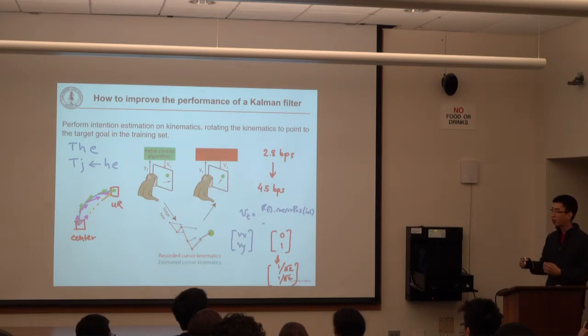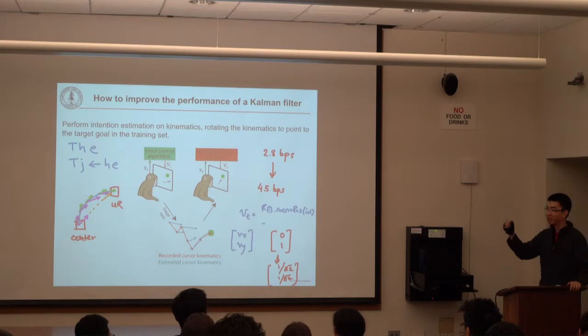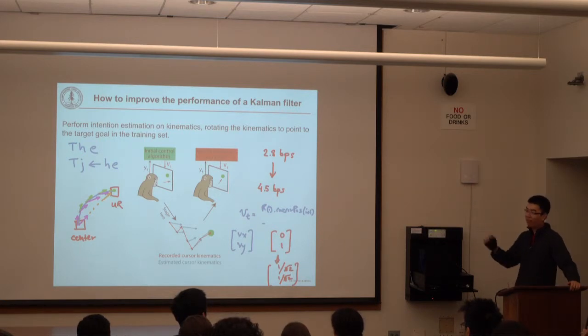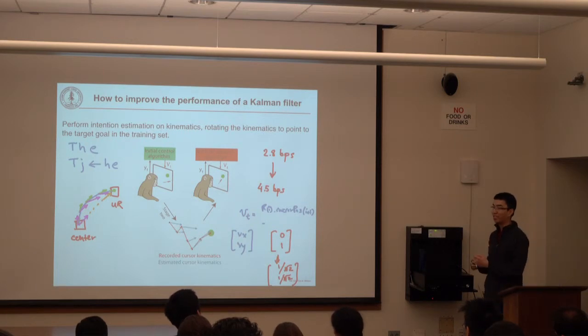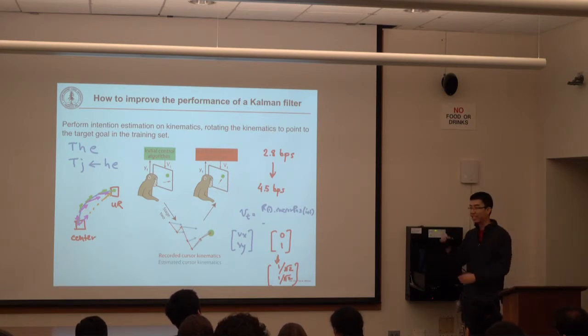And so what we're trying to get at is what is the monkey's actual control policy. And here we hypothesized that he was always intending to reach on a straight path or always trying to get towards the goal. And so when we programmed that in, we saw that it increased performance. And so that suggested to us that indeed this was his control policy, that he wasn't trying to command this curved path, but that at every single time point, he was just trying to get to the goal.